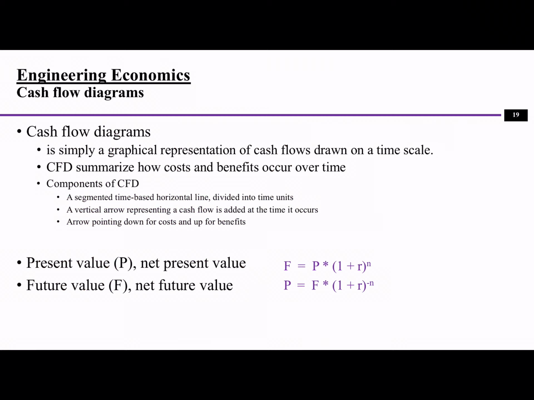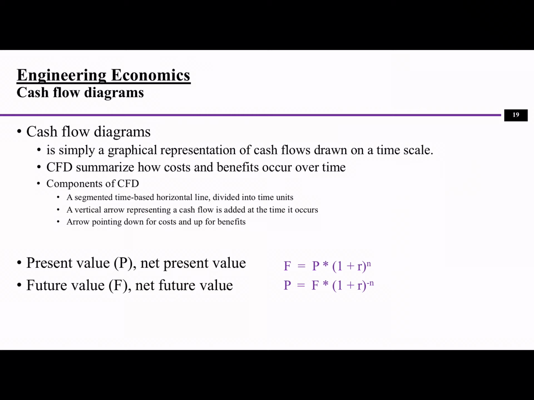All right, next, when we are doing calculations or product evaluations, we know there are inflows of income and also investments. Usually we use cash flow diagrams to help us understand the cash flows over time, right? The cash flow diagram is simply a graph representing the cash flows over the time scale.